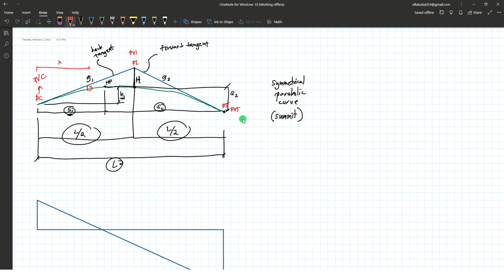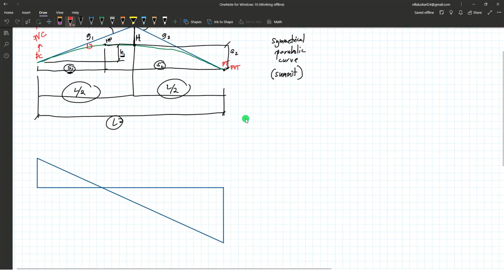Now let's use a grade diagram. As I've said earlier, the rate of change of slope of the parabola is constant. Initially, we have a maximum slope at PC, which is the slope of G1.